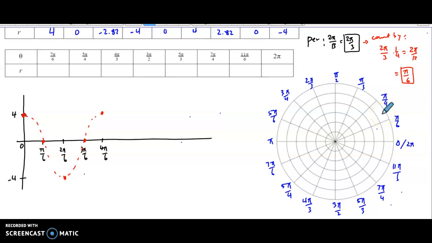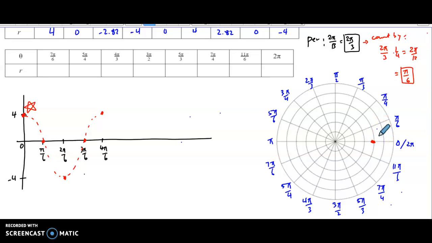And so going back here, here's what we're going to do. This is our starting point right here, right? We're starting here. I'm going to put a star. At 0, 4. At the angle 0, the r value is 4. So over here, at the angle 0, the r value is 4, so I'm going to count out 4 rings right there.